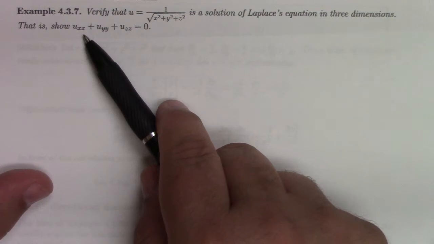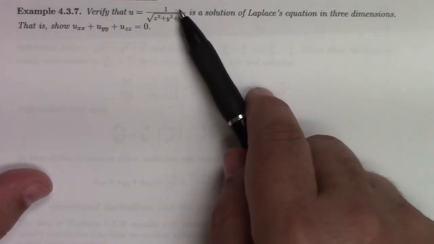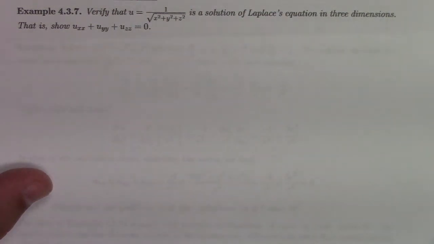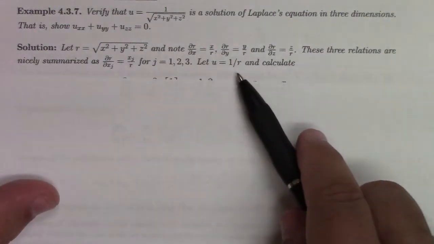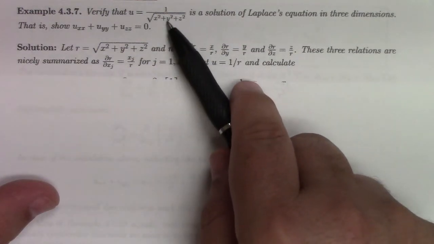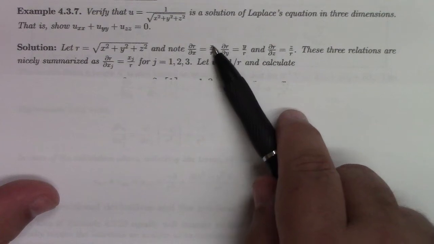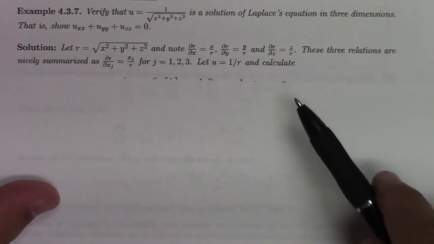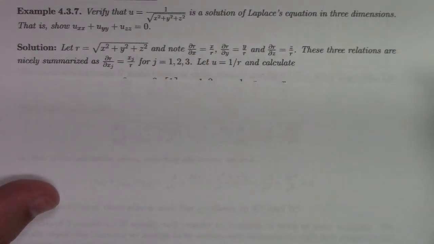Laplace's equation is that uxx plus uyy plus uzz is equal to 0. And I'm claiming that 1 over the square root of x squared plus y squared plus z squared is a solution to that. Now, we just proved that u is 1 over r, so we know that partial r partial x is x over r, partial r partial y is y over r, and partial r partial z is z over r from a previous example.